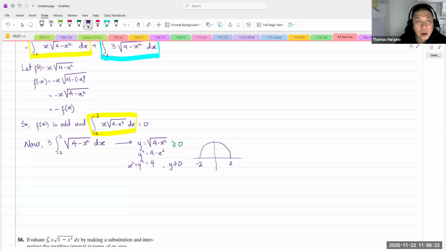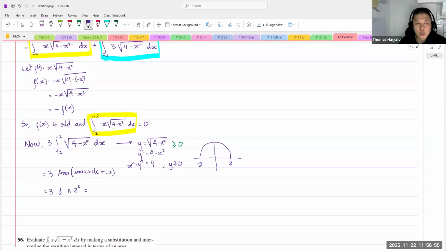Now that integral is equal to 3 times the area of a semicircle with radius 2. That's 3 times 1/2 pi r squared. Half of a circle, and pi r squared is the area of a full circle.